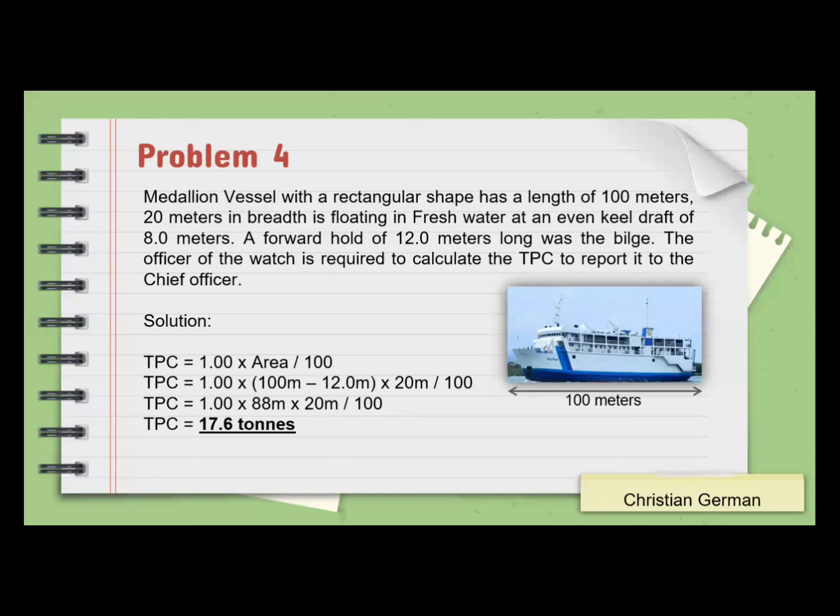But first, subtract 100 meters minus 12.0 meters so that you can easily calculate. We get 1.00 times 88 meters times 20 meters divided by 100, then you can get the answer of 17.6 tons. So the next reporting would be Cadet Katakutan.